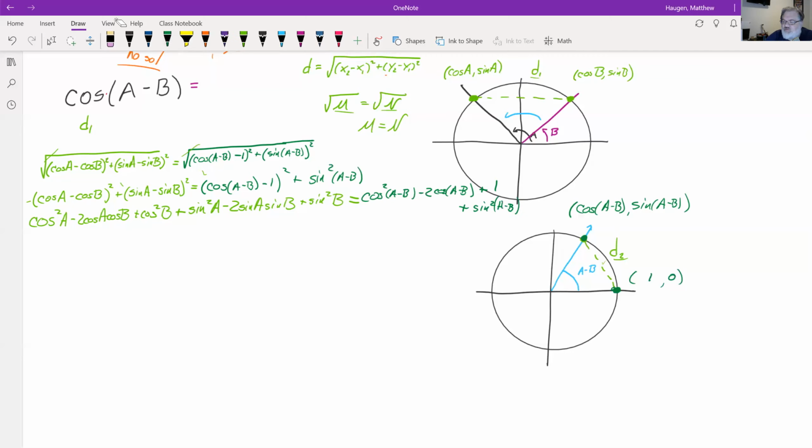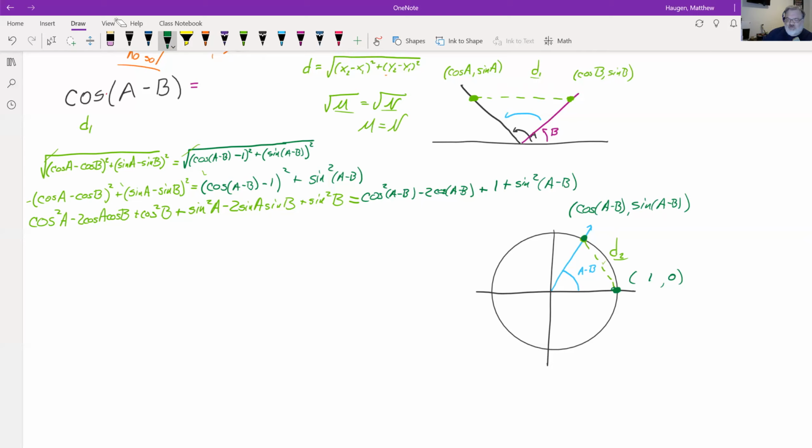And actually, I'm going to get rid of that circle so it's just not in the way, and rewrite that. So that plus sine squared a minus b. Okay, so as long as I didn't do anything silly there, that's our big line.